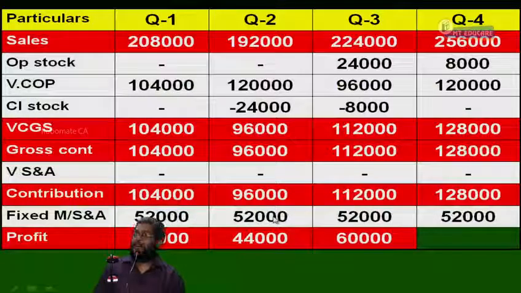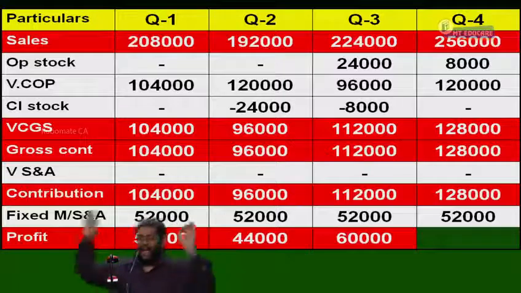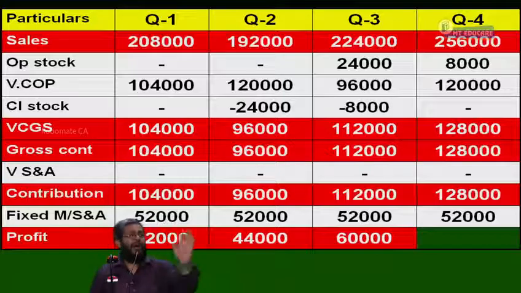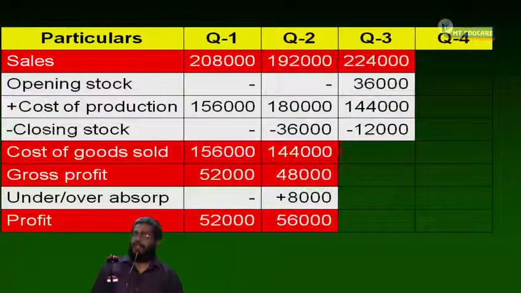I don't have the process of absorbing; whatever I spend, I debit as actual fixed manufacturing overhead in the marginal costing system. Yes or no?